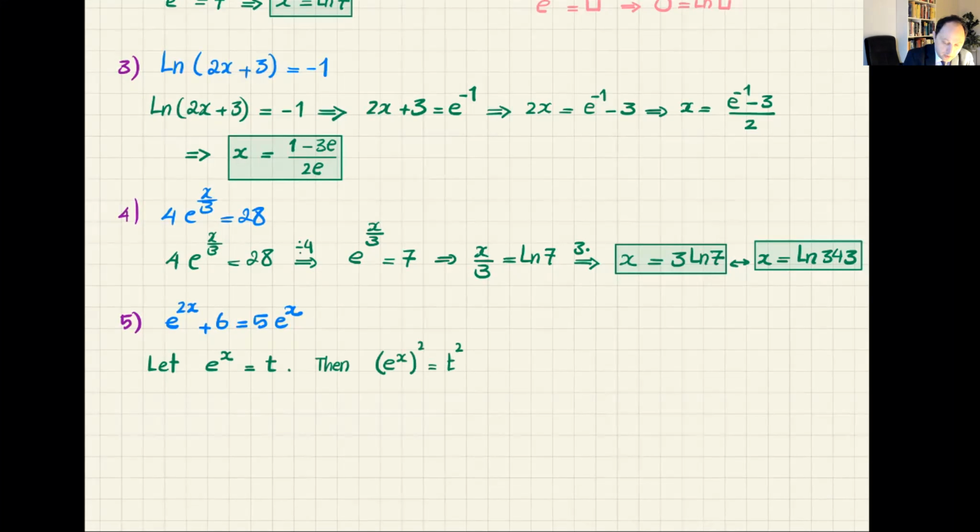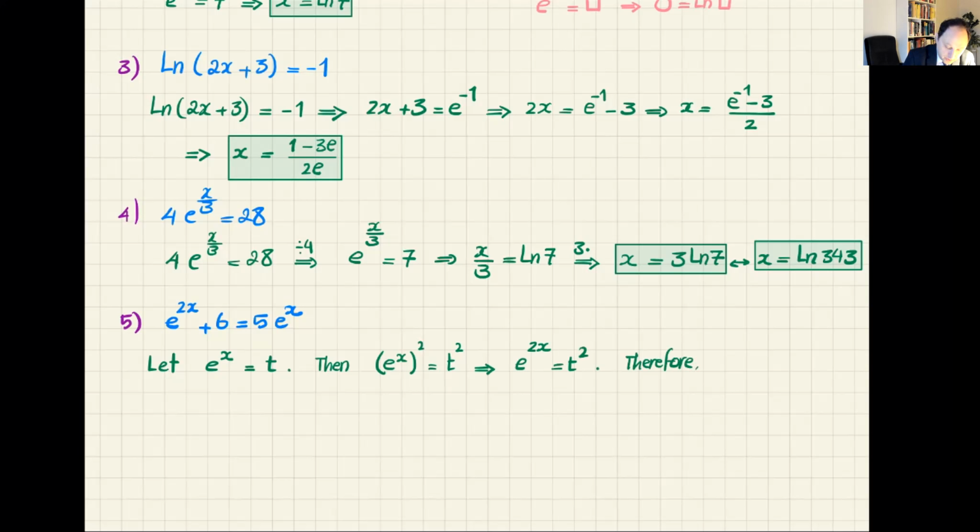If the name of e to power x is t, I can raise both sides to the second power and I will get this. On the left-hand side, I multiply the exponents, so it becomes e to power 2x equal to t squared.